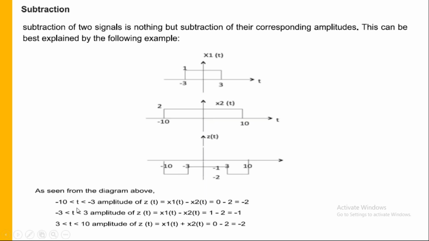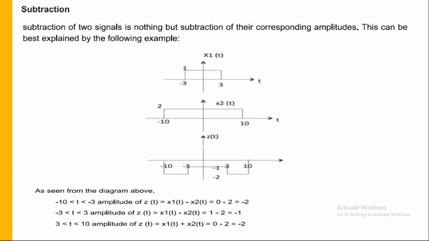Now see how it looks like. When you consider minus 10 to minus 3, the equation for z of t is x1 of t minus x2 of t. So now you need to take minus x2 of t. What do you mean by minus x2 of t? You are treating this function as an odd function, which is symmetrical to the horizontal axis.